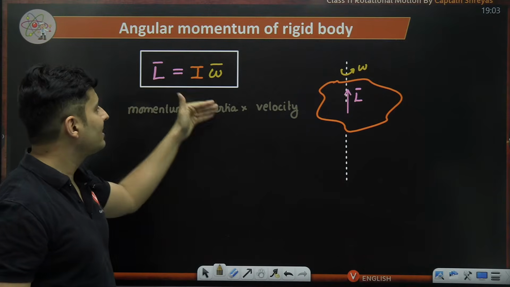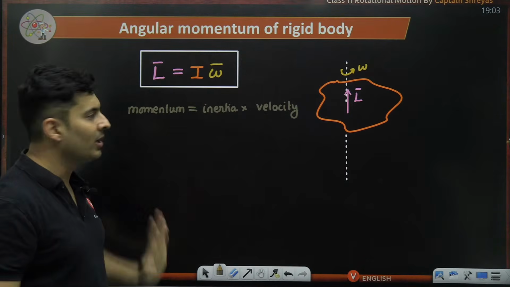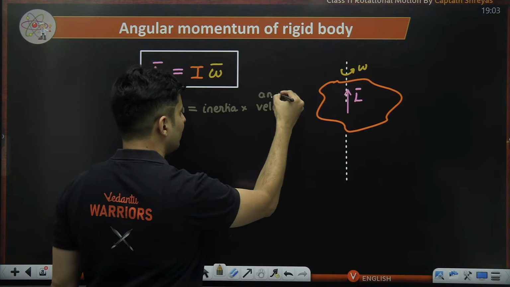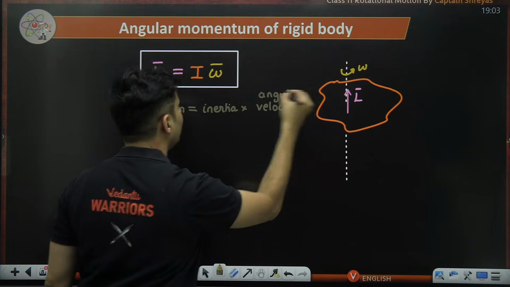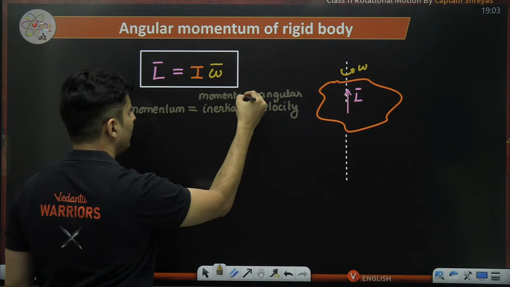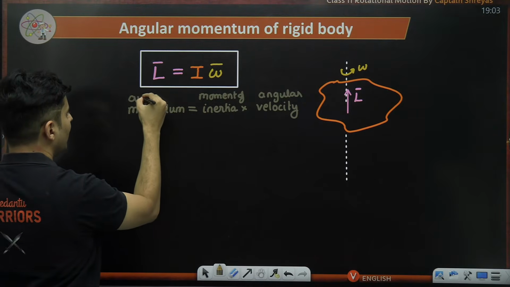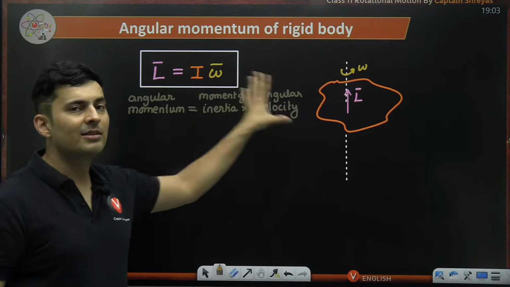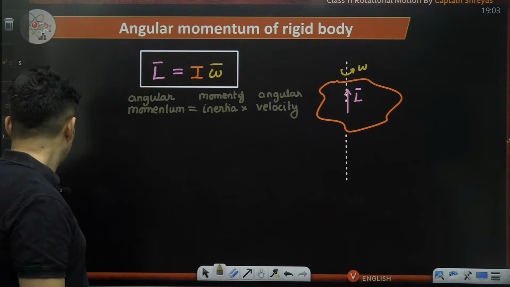Angular momentum is moment of inertia into angular velocity. That is the only difference over here. The only extra word which comes is angular velocity. Here this is moment of inertia, and this is nothing but angular momentum. So it's a very similar looking formula.